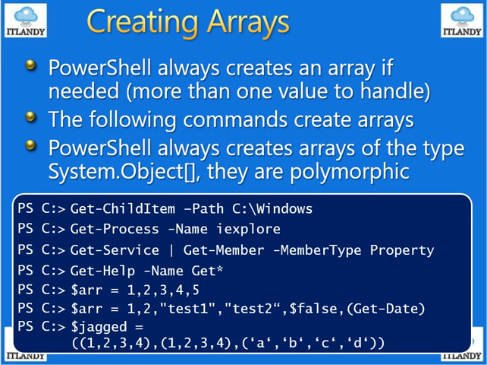Let me explain what each one of these means. We said earlier, arrays are used extensively in PowerShell. Why? Because we use them to store the results of pipelines, operations, and cmdlets.